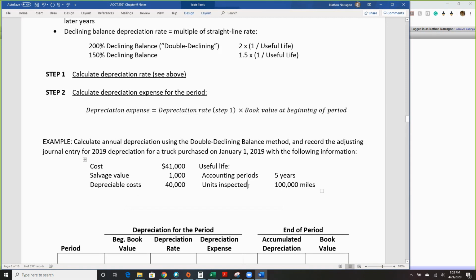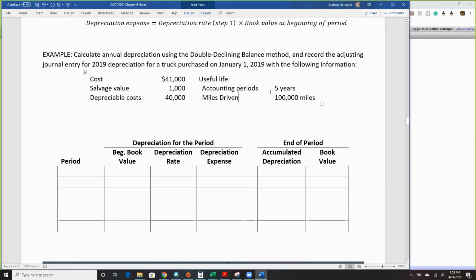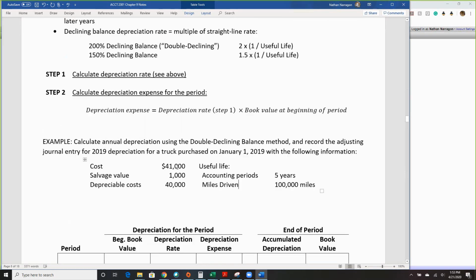So again, we have the same information. Again, we have our truck going on. And with our truck, we need to compute the depreciation rate of this double declining rate.